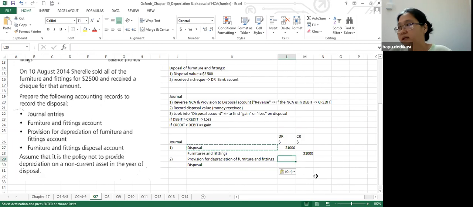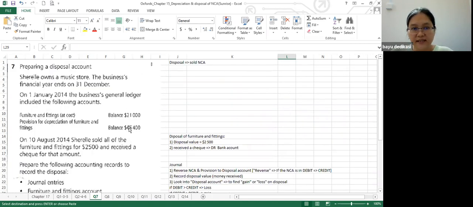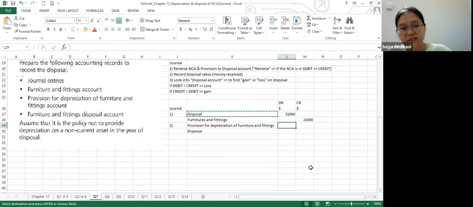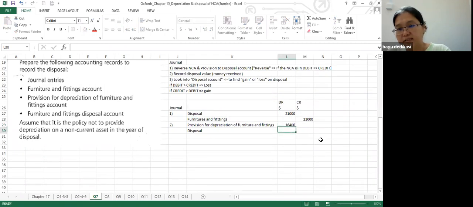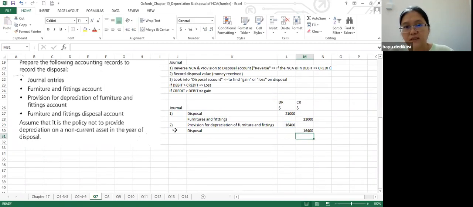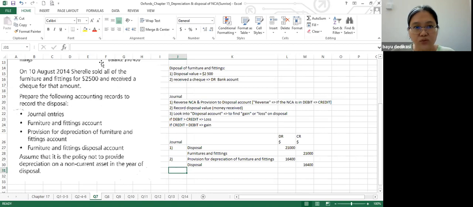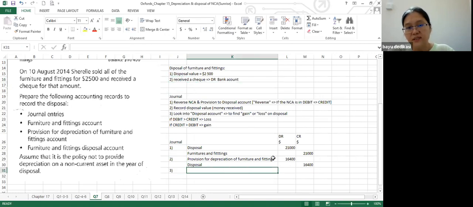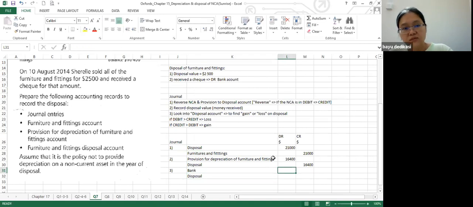So the amount that you're going to reverse, 16,400. Next is record the disposal value. How much is the disposal value? 2,005. As I say, because they say that received a cheque, it must be debit bank. So number 3, debit bank, credit disposal, 2,005.